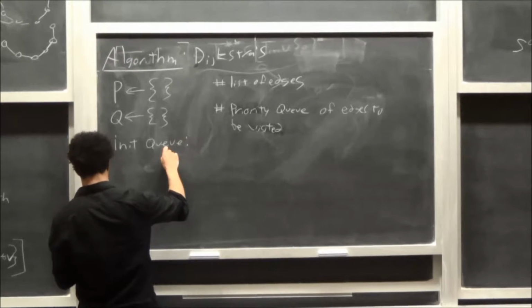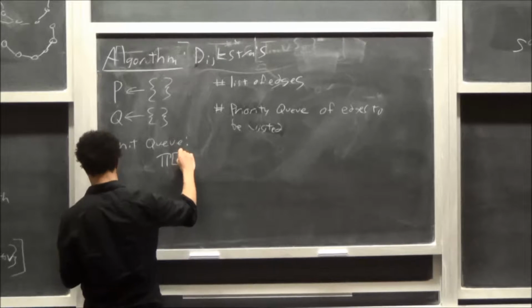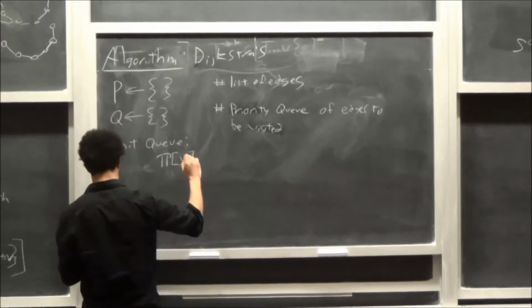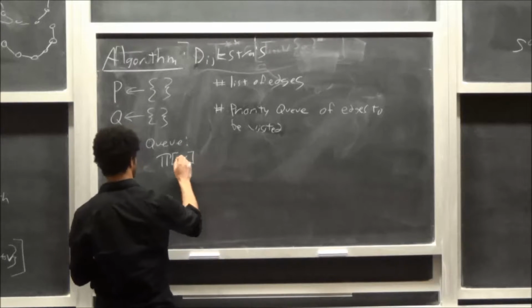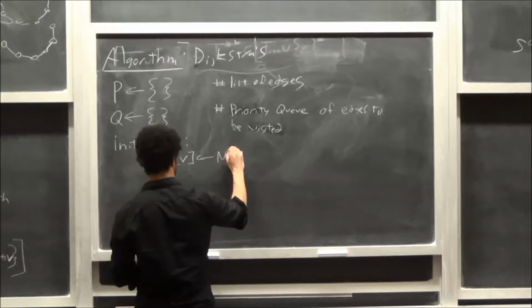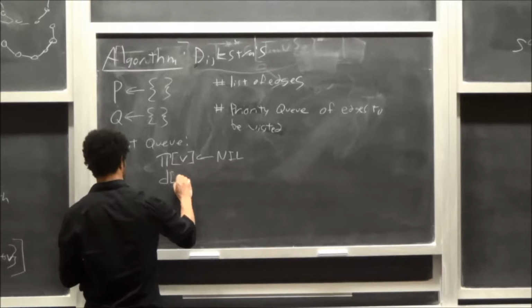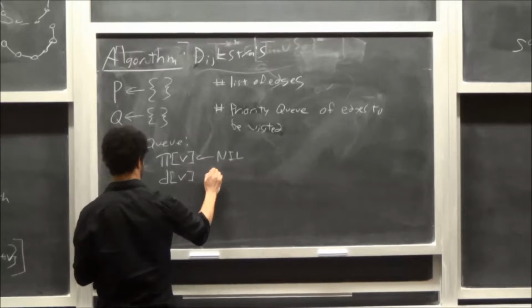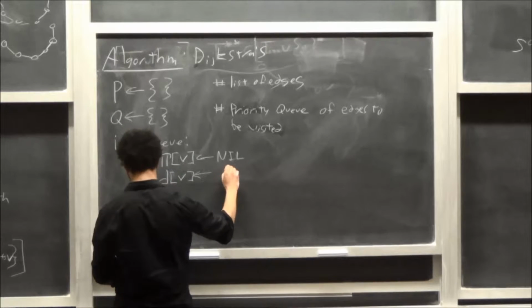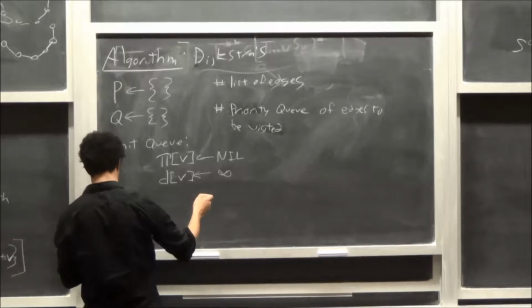So we're going to initialize our queue. And the general idea is that we're going to set pi, so this pi is going to be our traceback, to be nil, nothing. And we're going to set the distance so far to the node to be infinity. And so these are basically arrays.